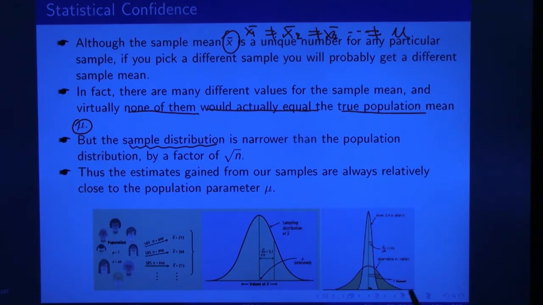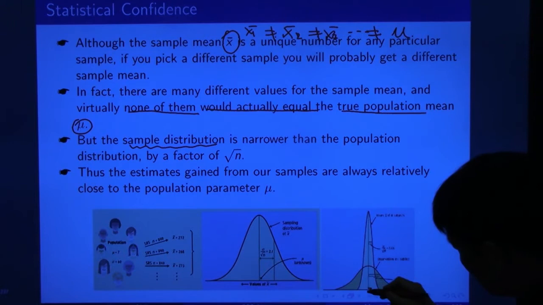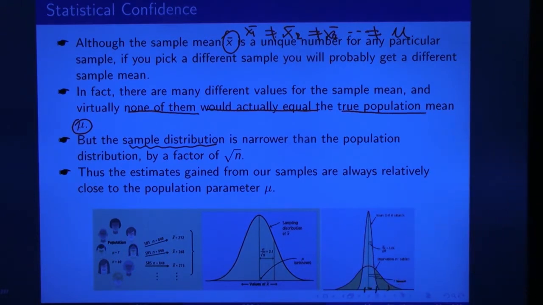That means if we use a value from the population, for example from here, to approximate the mean of the population, it will not be that accurate. Instead, if we use the mean of any sample from here, for example this value or this value, it will be much more accurate than using any number from the population.